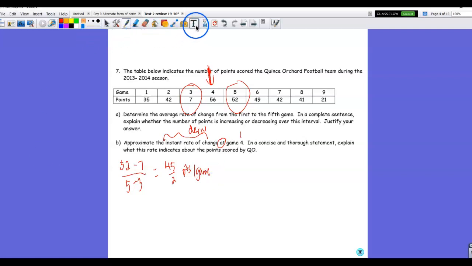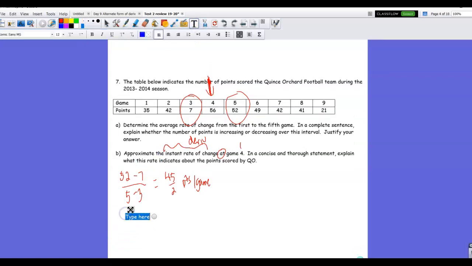Then I need to write up a concise statement that explains or justifies if the points are increasing or decreasing.